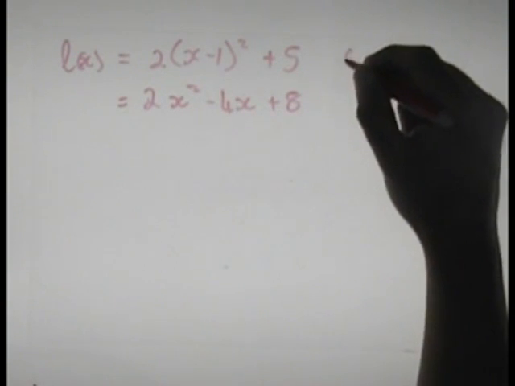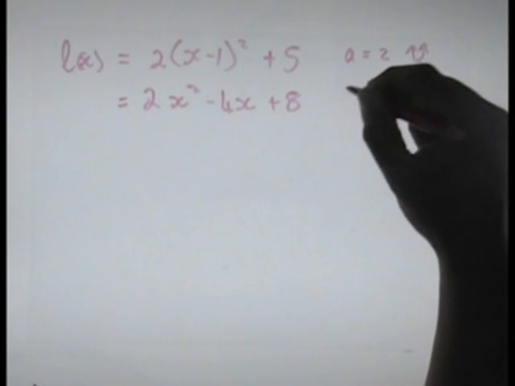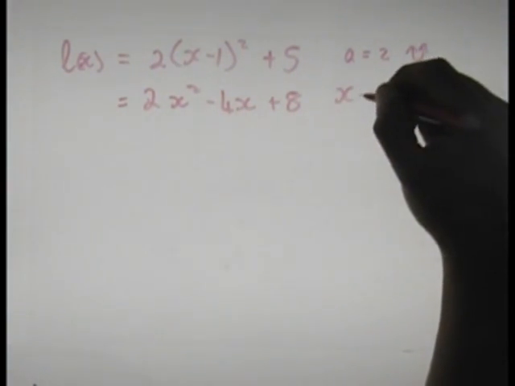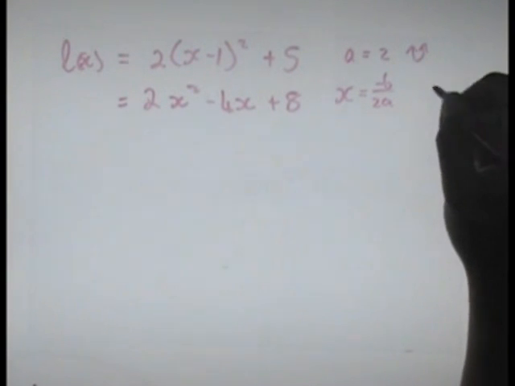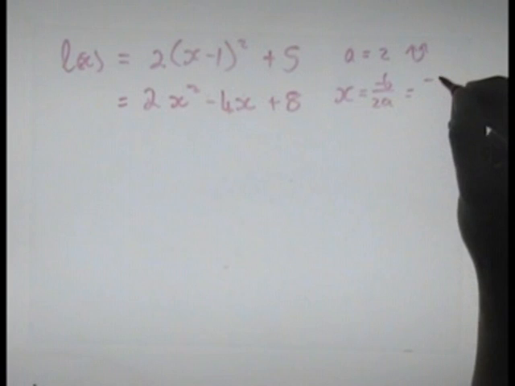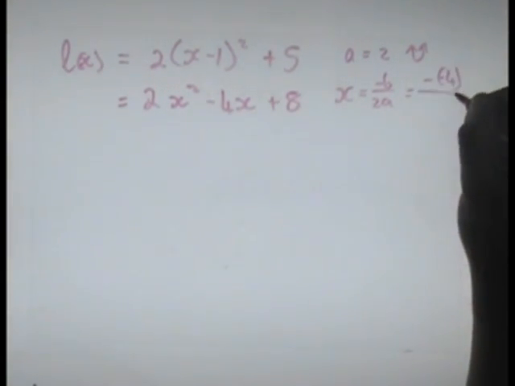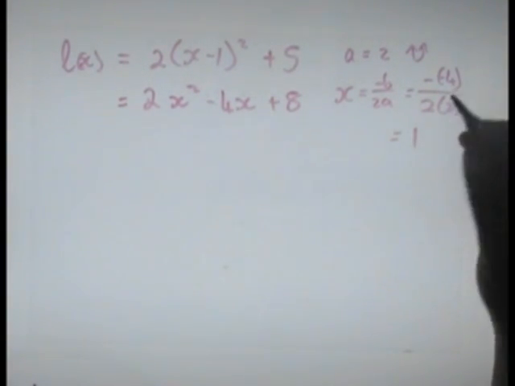Firstly, my a value is equal to positive 2, which means that it's the smiley face graph. Axis of symmetry: x is equal to minus b over 2a, which is minus negative 4 over 2 times 2, which is positive 4 over 4, which is equal to 1.